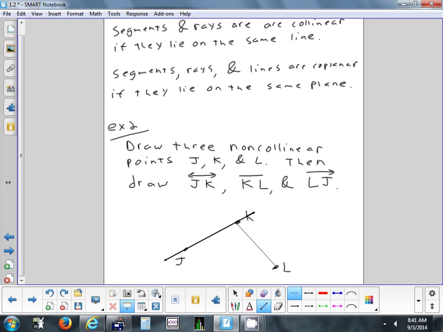Make sure that it starts and stops at K. Starts at K, stops at L. And Ray LJ. Okay, this one's important that you have it start at L and go towards J. Just like that. And there's an arrowhead on it to indicate it keeps going. Okay, any questions on that?